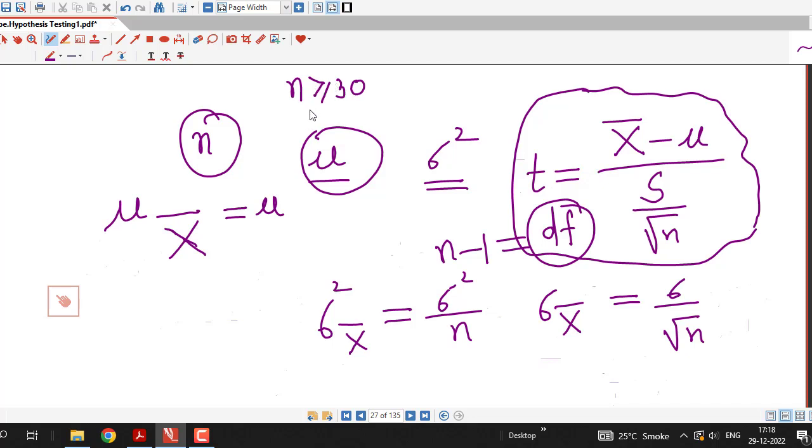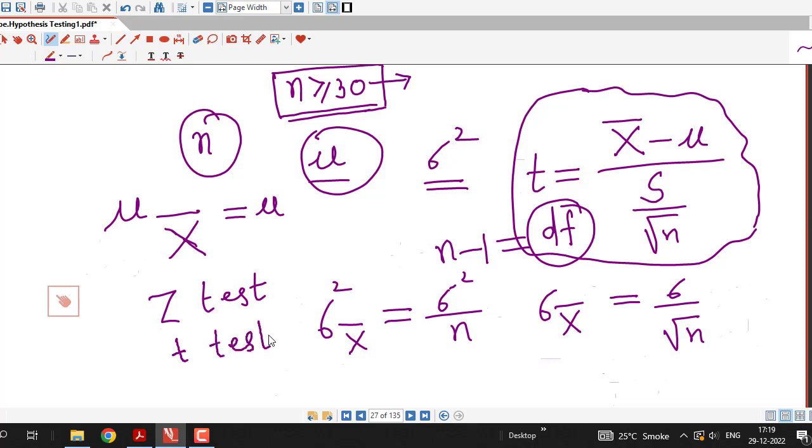If we have a single sample and we are interested in hypothesis testing for a population mean, then for large sample we use Z statistic or Z test, and for small samples we consider T test.